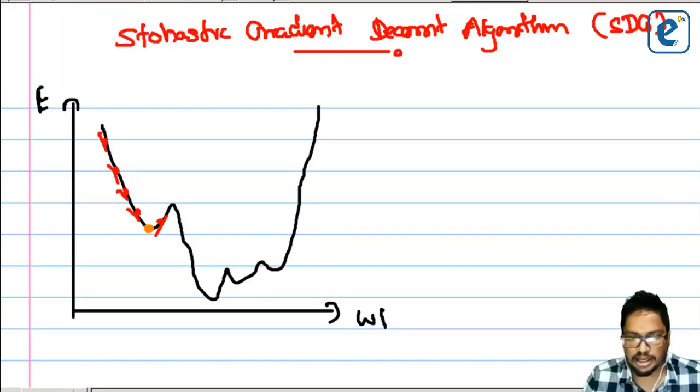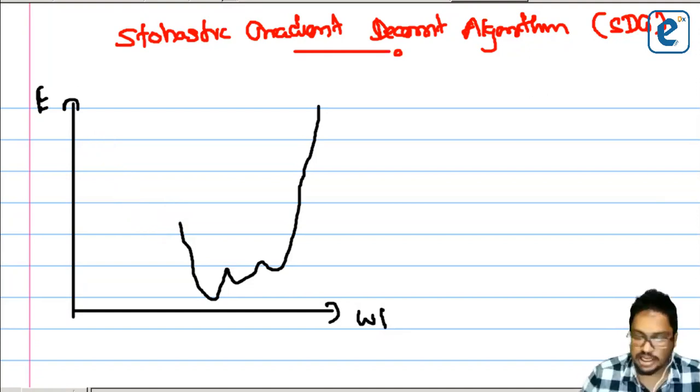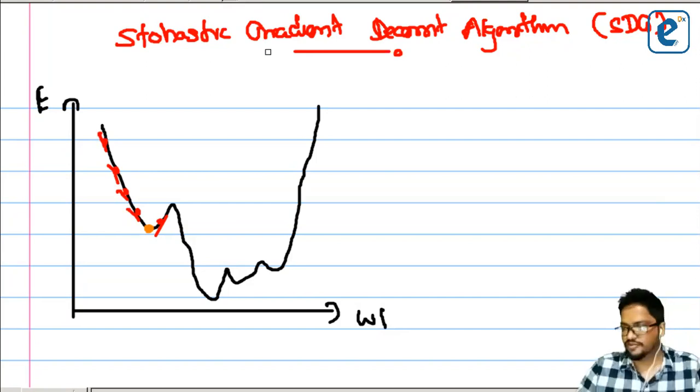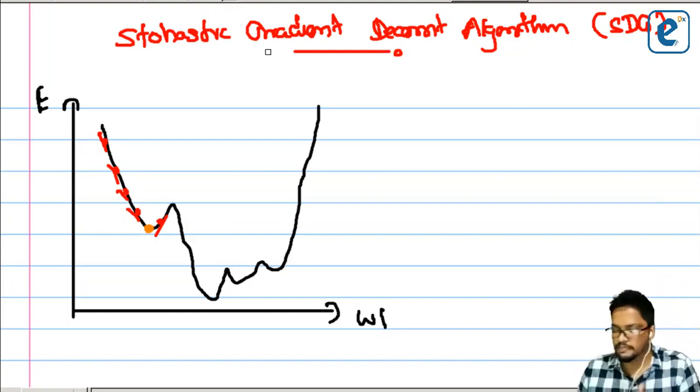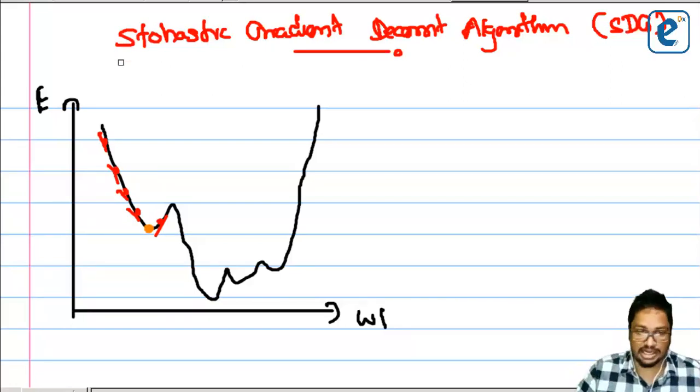Here we are carefully coming from the top of a hill to the bottom, right? That's what we are going to do here. But in stochastic gradient descent, it's not like that.